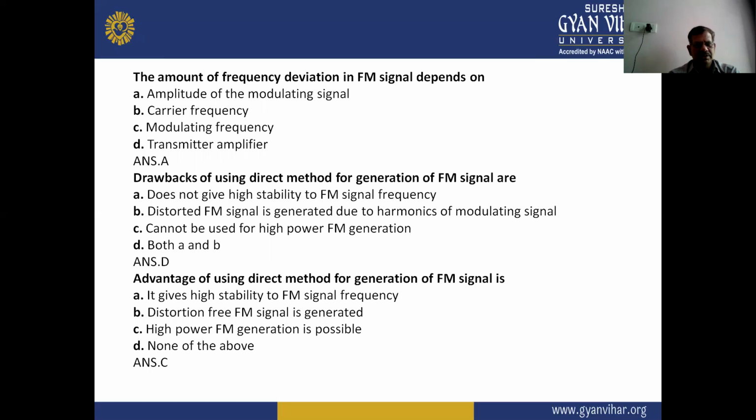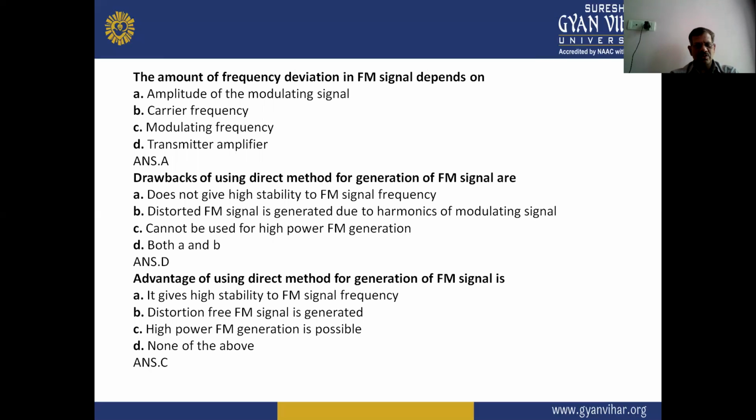In the next question, drawbacks of using the direct method for generation of FM signal are: option A, does not give high stability to FM signal frequency.